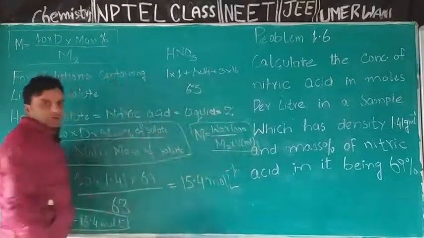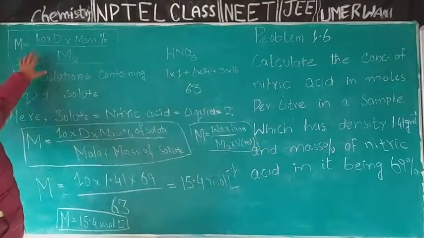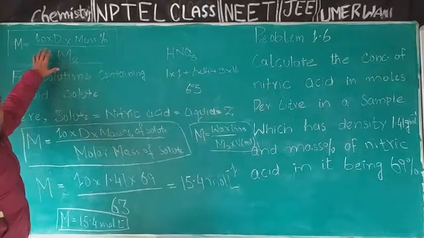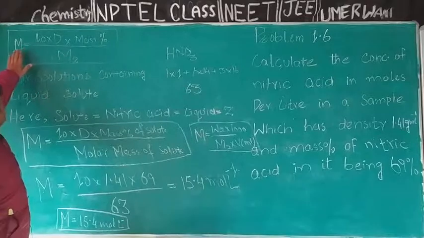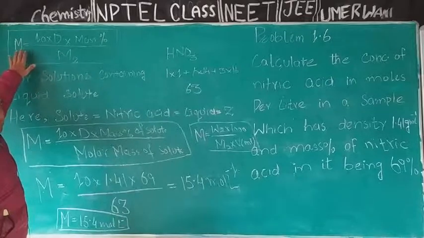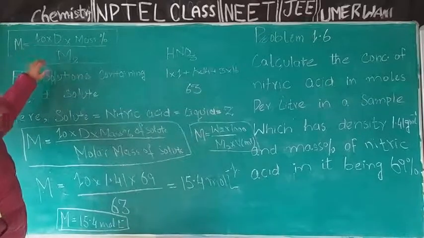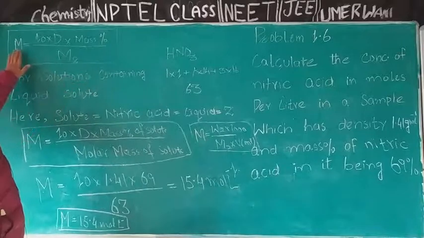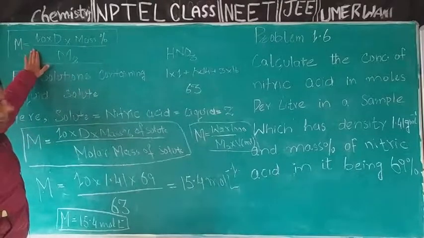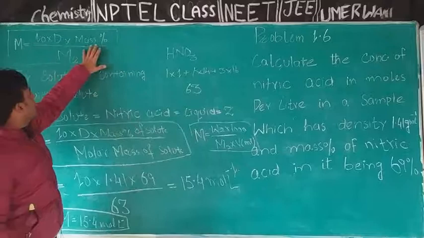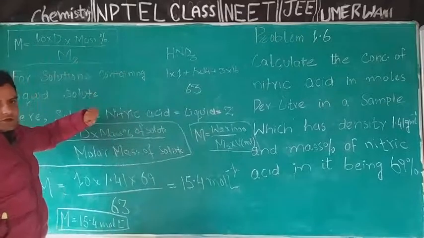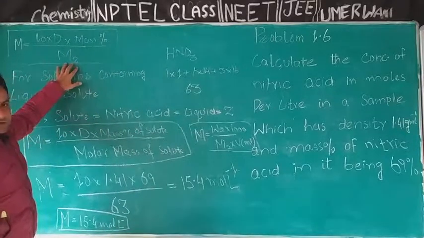But if in the laboratory you are asked to prepare a solution of any molarity but containing a liquid solute, then you have to use this formula: molarity is 10 into density into mass percent of solute divided by molar mass of solute.